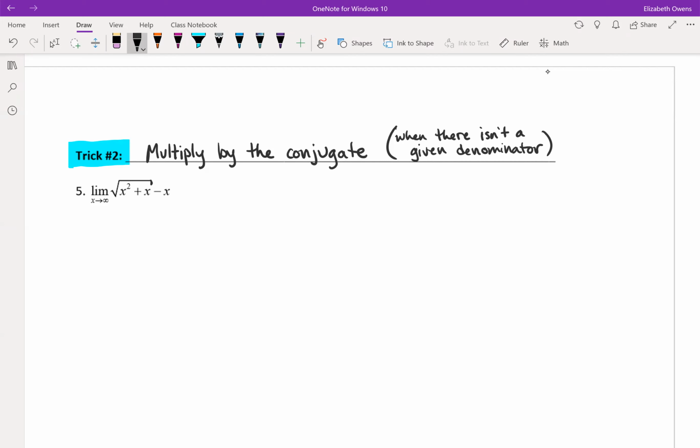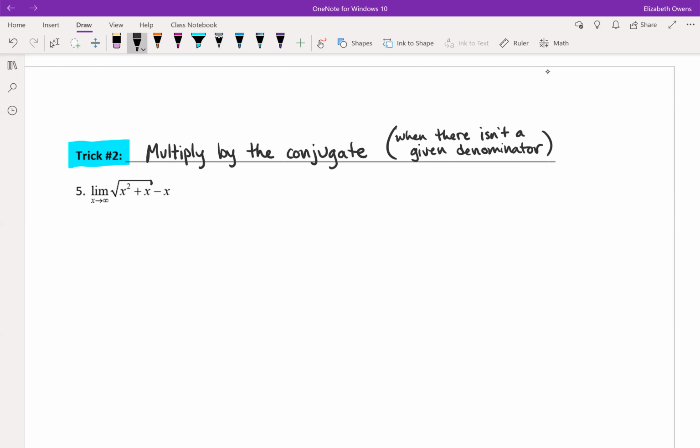So we see that this is an infinite limit, or a limit as x is approaching infinity. Our first instinct when you see that should be, can I multiply by the highest power of x in the denominator? And on this problem, you would have to say no, I can't, because there's not a denominator. So that's why we're going to multiply by the conjugate.